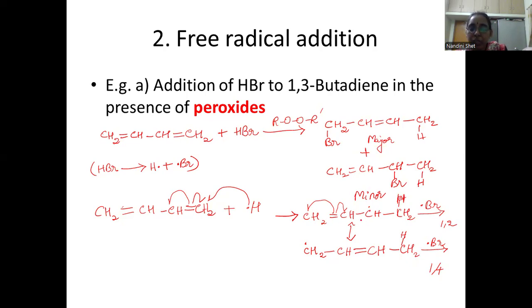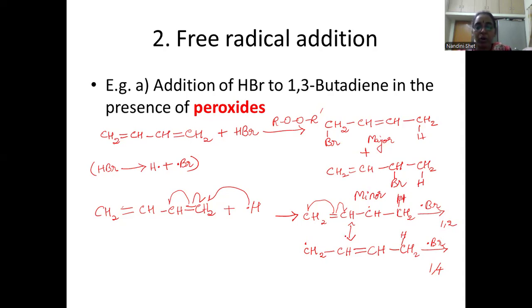One is due to the attack of bromine on this original allylic free radical, and the second product is due to the resonance free radical and then attack of bromine free radical. So 1,2 product or 1,4 product, both are obtained.